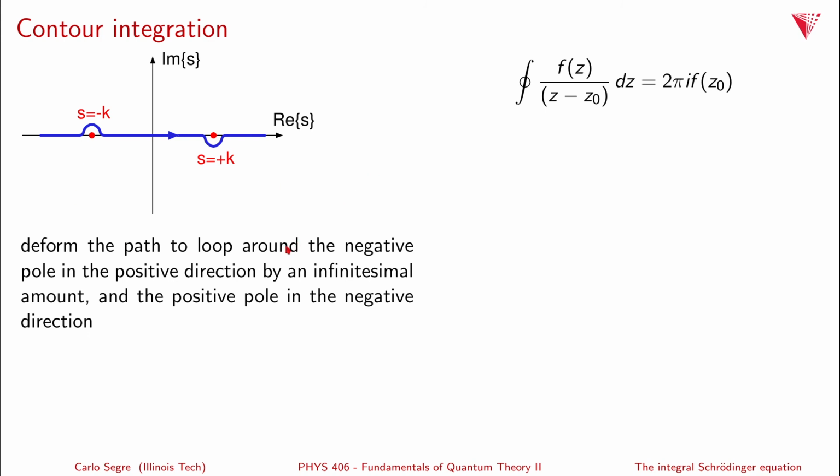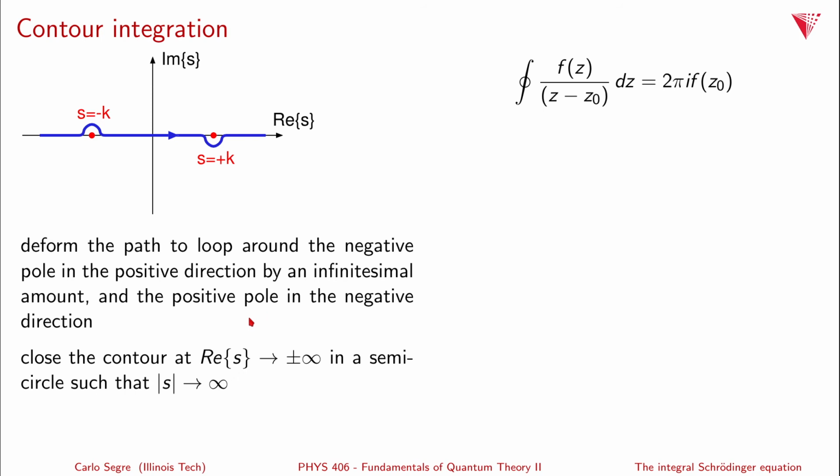So we deform the path to loop around the negative pole in the positive direction by an infinitesimal amount and around the positive pole in the negative direction by an infinitesimal amount. And then we're going to close the contour, as the real part of S goes plus or minus infinity, in a semicircle so that the absolute value of S is infinite.